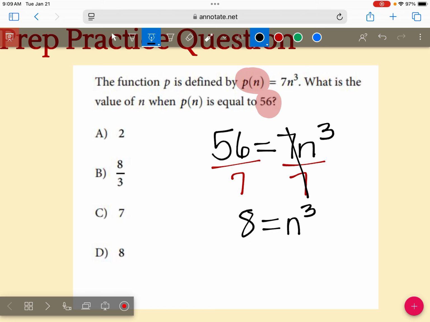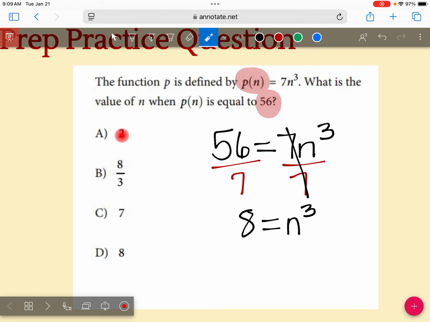equals n cubed. So now we need to figure out which one of these options can we multiply to the power of 3 to get 8. So it's 8 times 8 times 8 equal to 8. 7 times 7 times 7 equal to 8. 8 thirds times 8 thirds times 8 thirds equal to 8.